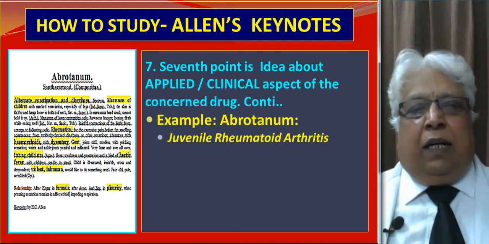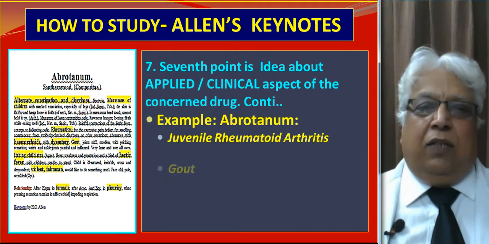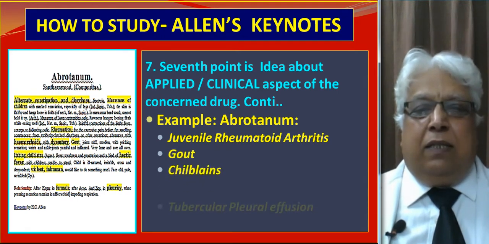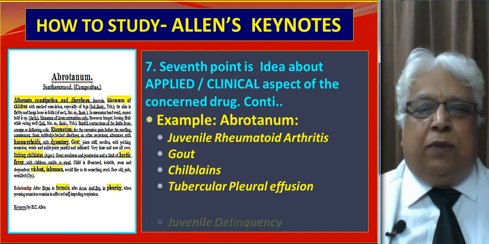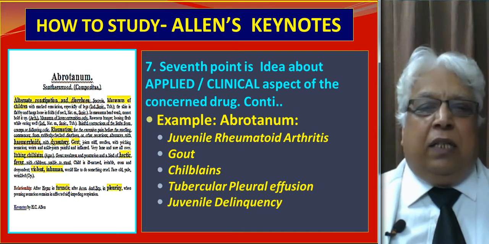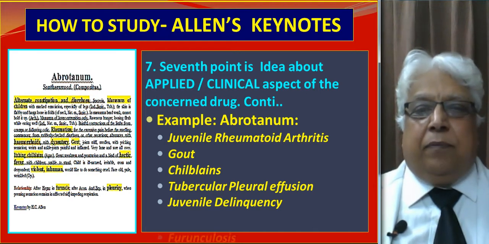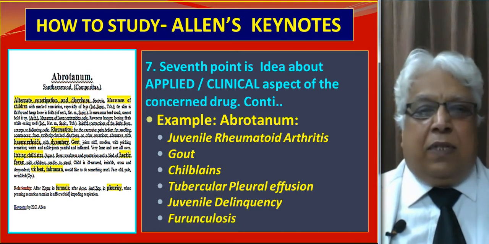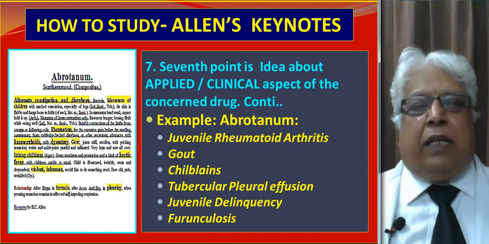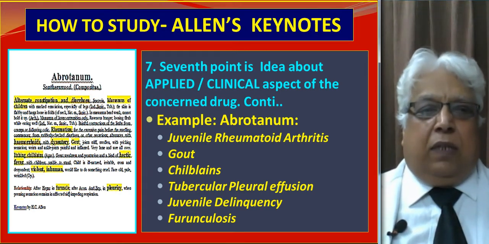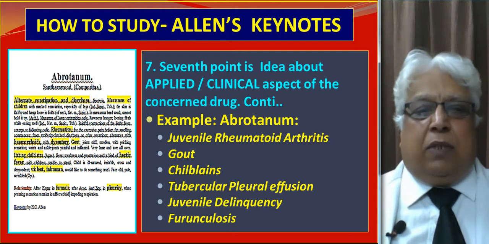Juvenile rheumatoid arthritis in children, gout usually in adults, chilblains, tubercular pleural effusion, juvenile delinquency, a psychiatric problem, you have to deal with this medicine, furunculosis. So all those things are diagnostics which you will find plenty of them. So it is a good clinical aspect of this particular work.